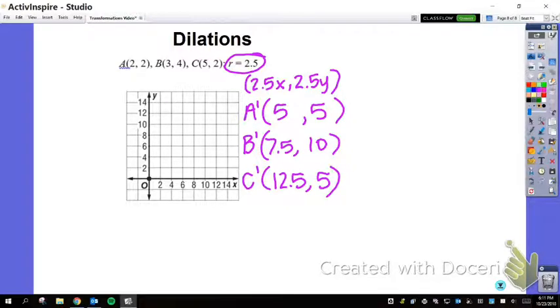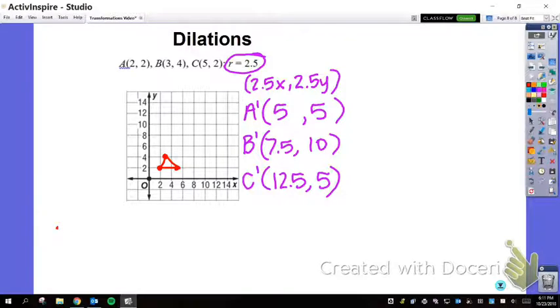Okay, I did want to point out that you need to be a little bit careful when you graph these, because on this graph we have it going up by 2. So we have 2, 2, 3, 4 is in between. And then 5, 2 is over 5 and up 2. So there's our original triangle.